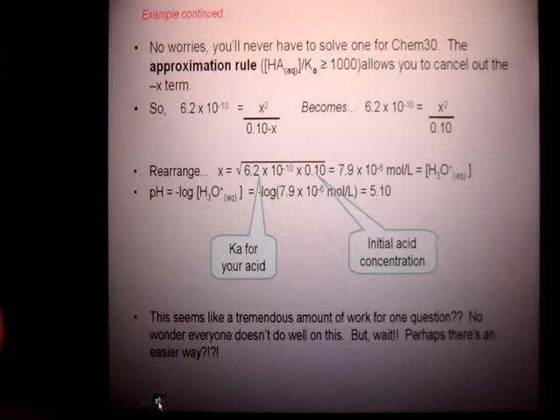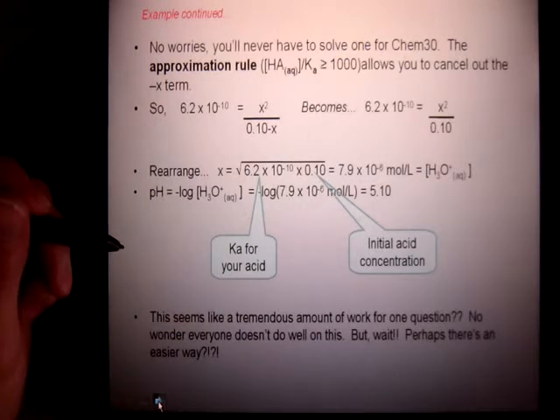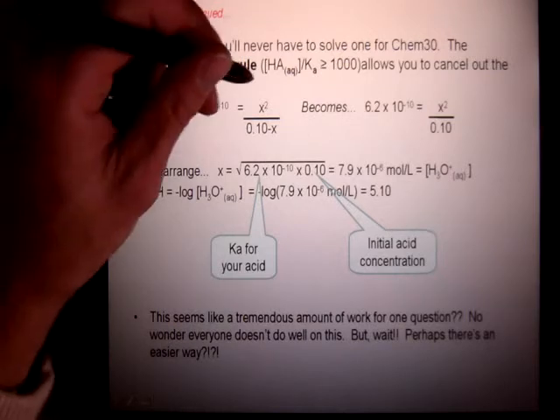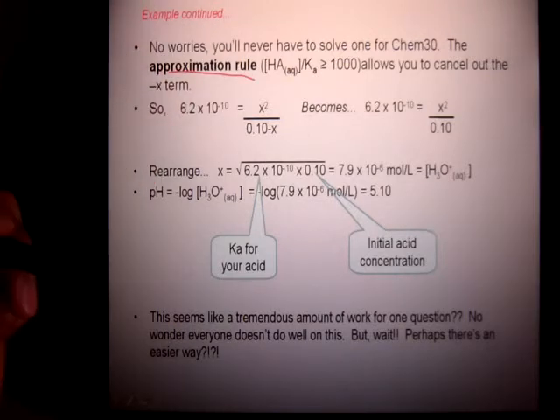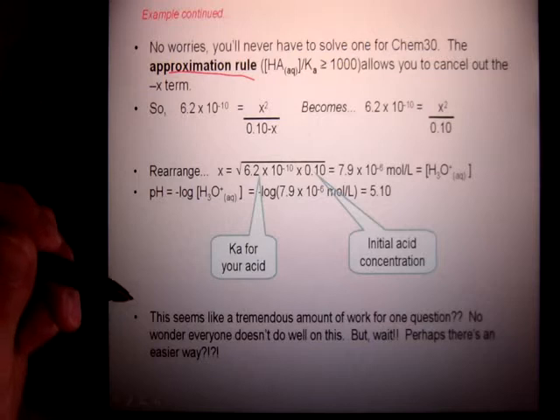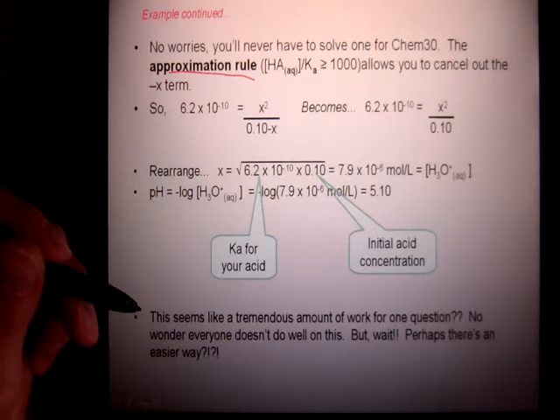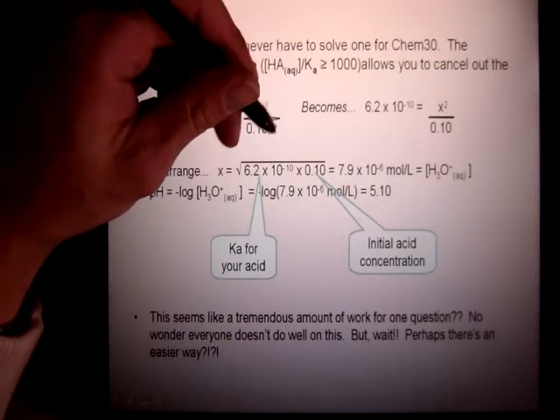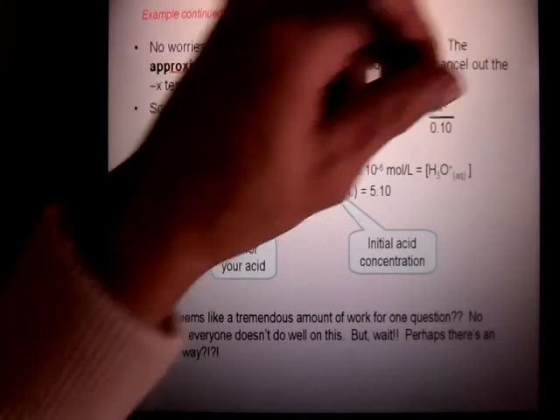At the bottom of your acid-base table, you'll see a little note referring to an approximation rule. Basically, it says if your K value is so small relative to your concentration, then you can get rid of this minus x term and be left with that.